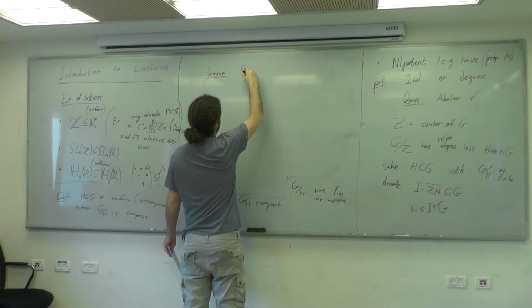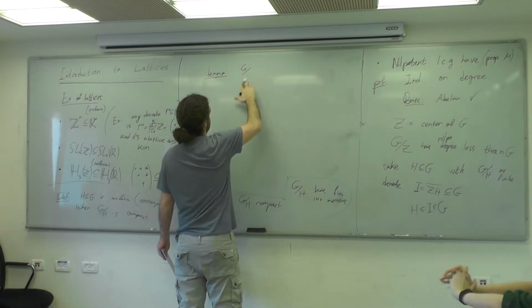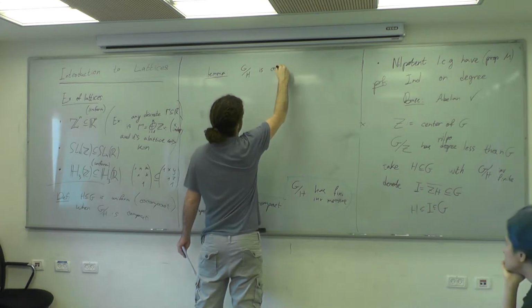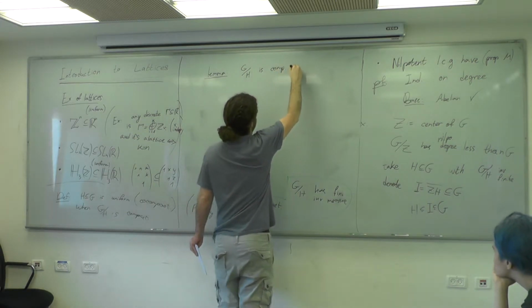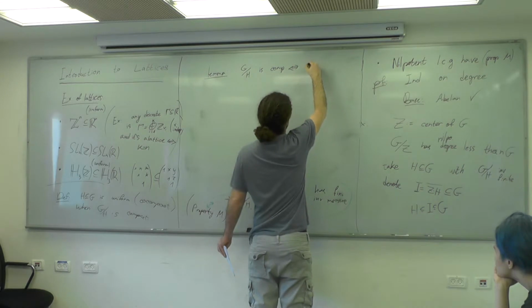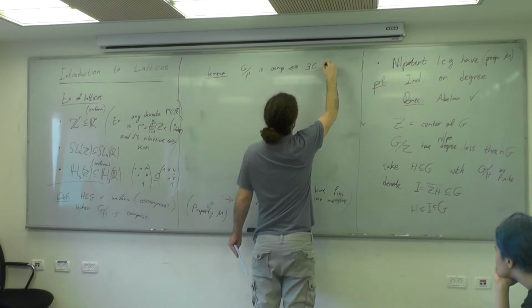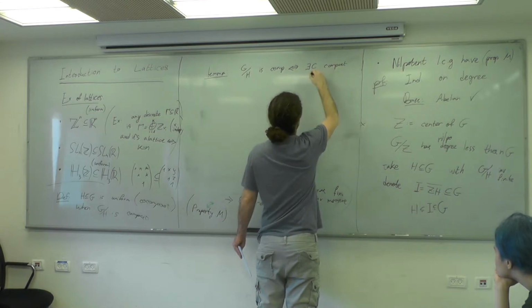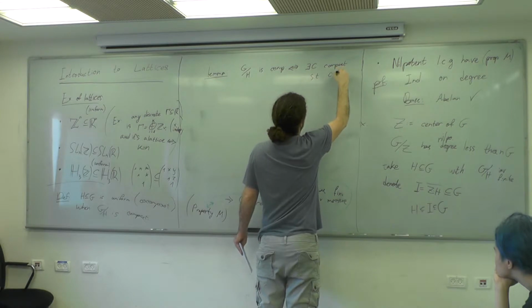G mod H is compact if and only if there exists a compact C such that CH is G.